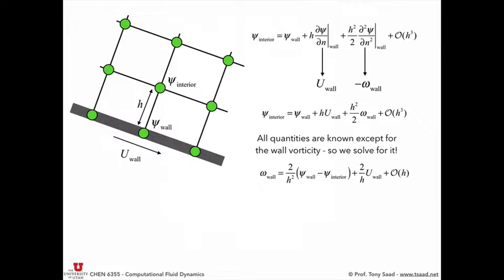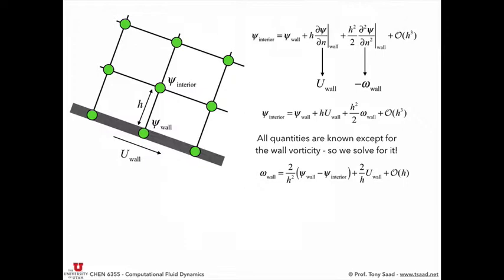And this is a layout of the grid. I'm not using IJK indexing because I want you to first think about this intuitively. We have a value for psi at the interior. We know this. We have a value for psi at the wall. And our goal is from these values to infer a value for omega.